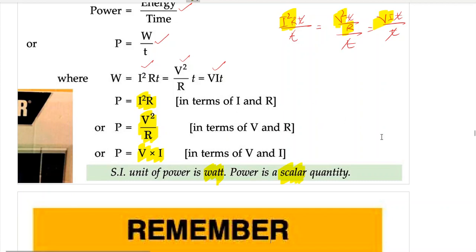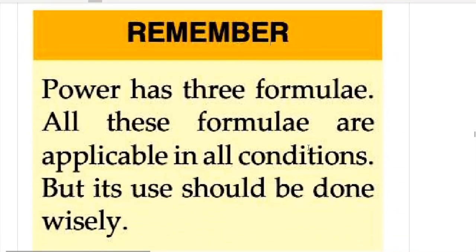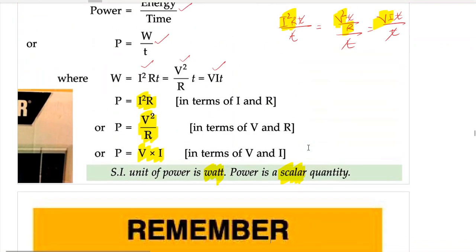I hope you remember all this. So power has three formulae. All these formulae are applicable in all conditions, but its use should be done very wisely. So which formula of power you have to use, you should think and use it very wisely, because you will come across such problems where you can use one formula of power but not the other one.